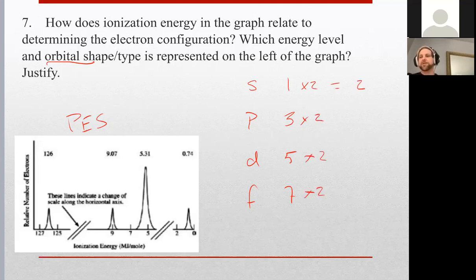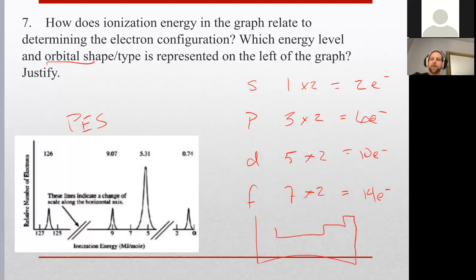So there's a total of 2 electrons that can fit in all of the s orbitals on any given energy level. And on any given energy level, there can be 6 electrons in p orbitals, 10 electrons in d orbitals, and 14 electrons in f-shaped orbitals. And that's on any given energy level. So if we go to the periodic table and we're looking at row 6, or period 6, all the way across, there's going to be s, p, d, and f-shaped orbitals.